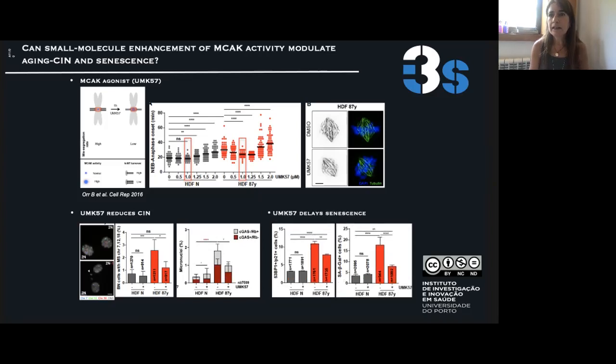And in line with this, we also found that UMK57 was able to delay senescence, because we found a reduced number of cells staining positive for the senescent markers.